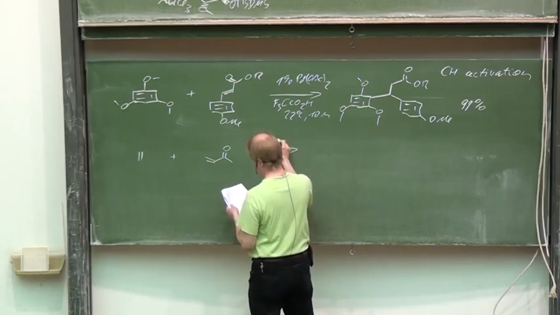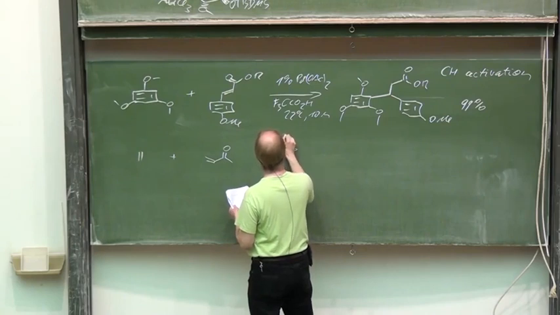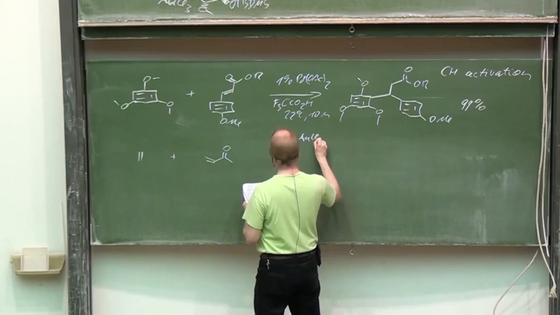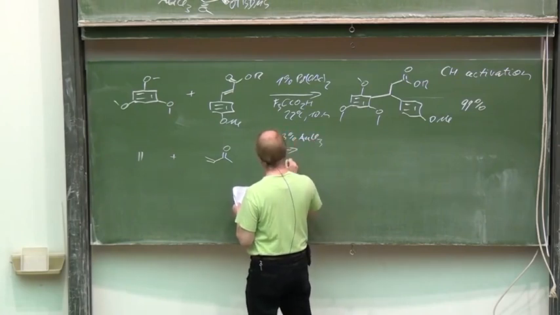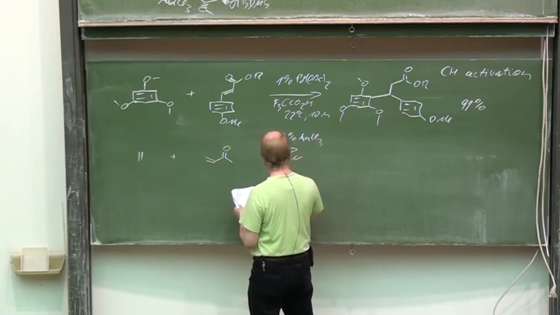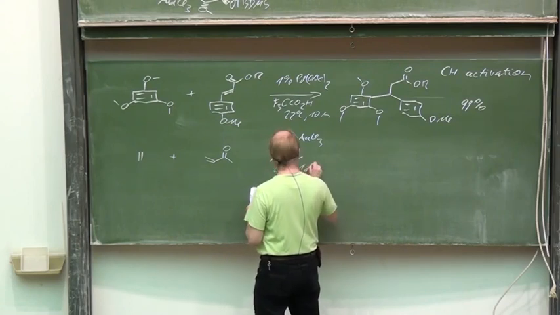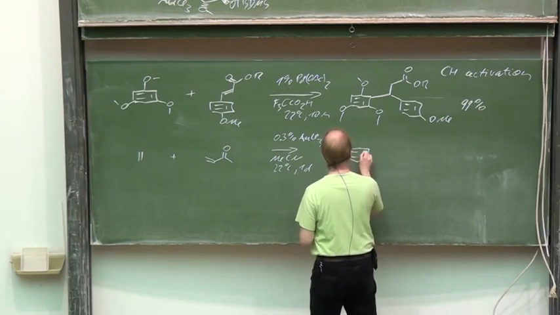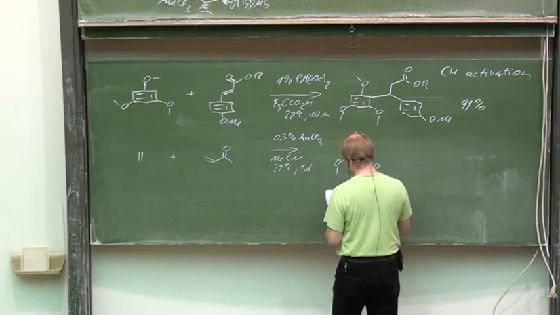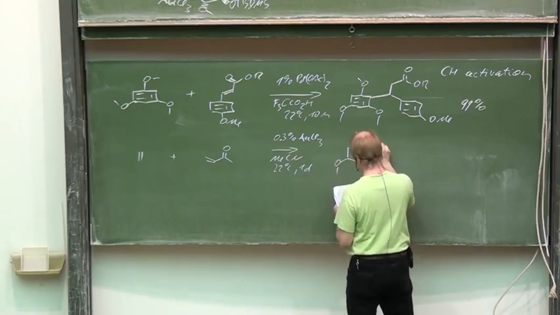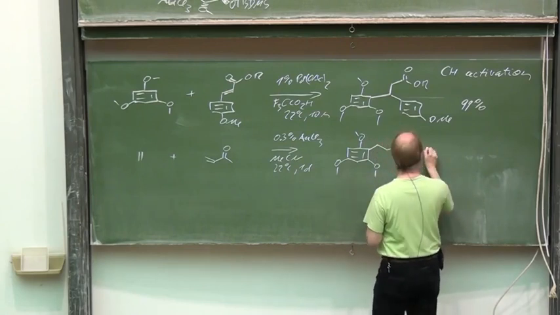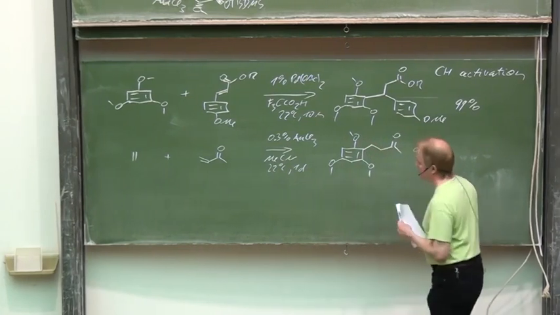Then use another catalyst, 0.3% gold chloride, isonitrile, 22 degrees, 1 day reaction time. The same type of reaction product is obtained, reacts smoothly, and well, the same yield, 99%.